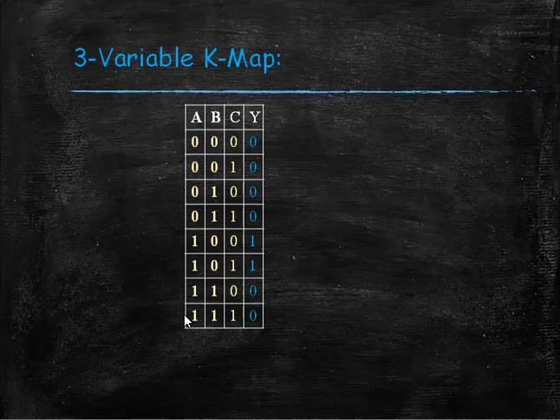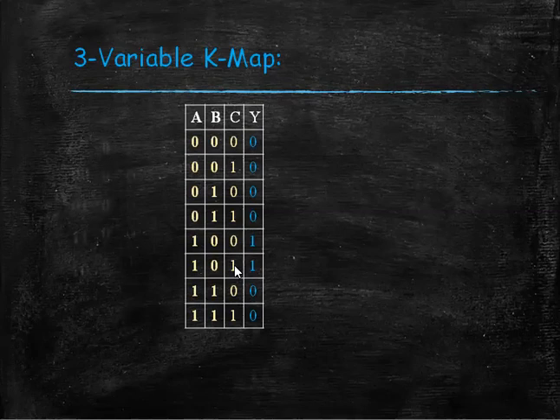The output is high for two values, first is for 1 0 0 in binary, the equivalent decimal number is 4, and here it is 1 0 1, it is decimal 5.